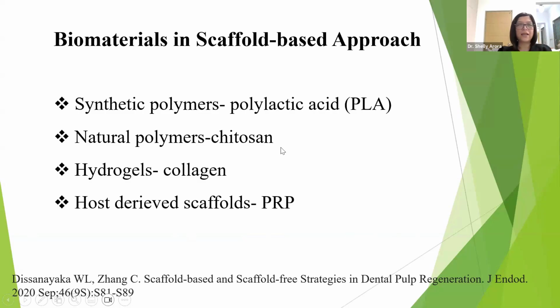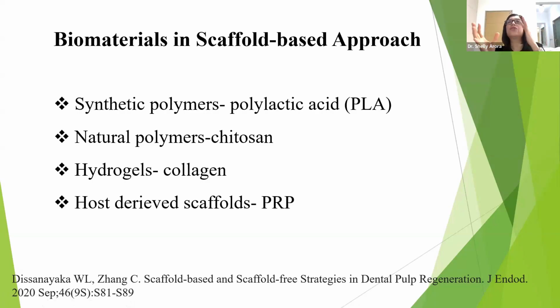It can be polylactic acid, PLGA or polyethylene glycol, and natural polymers like chitosan, collagen, gelatin. Then hydrogels are there, again collagen, and host-derived scaffolds like platelet-rich plasma. Lots of biomaterials are used, and lots of research is going on specifically on which type of biomaterial can be used.